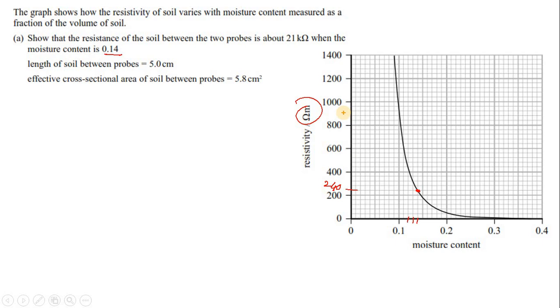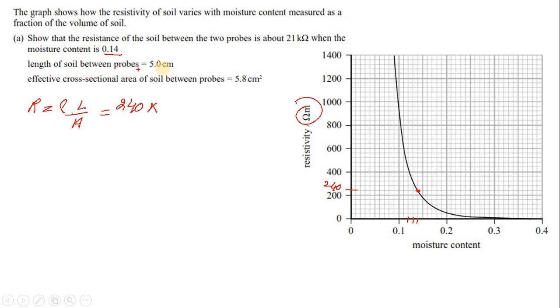This is the resistivity. So the resistance is given by the formula R is equal to rho L by A, and you just substitute the value. So rho is the resistivity that we found as 240 ohm meter from the graph, into L, length.